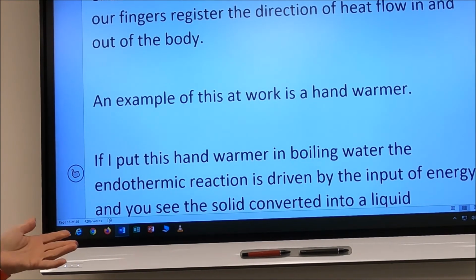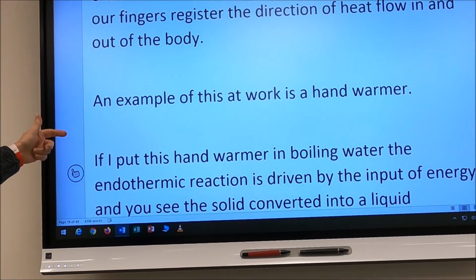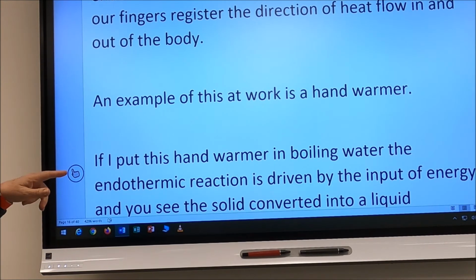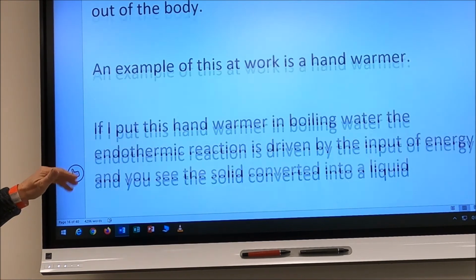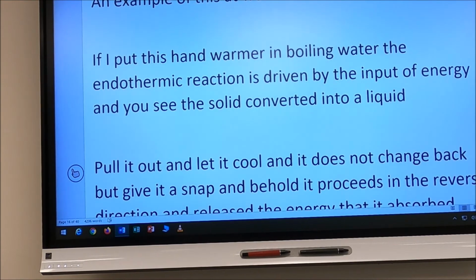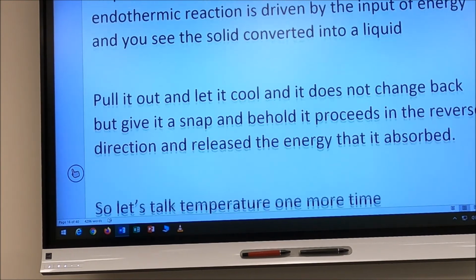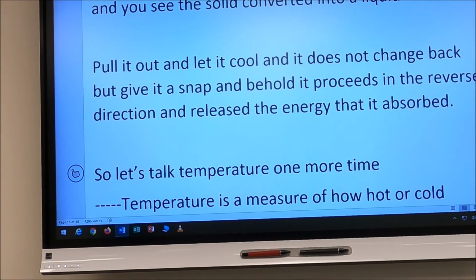So think about a hand warmer or a cold pack. Since we're not in class, I can't show you my reversible hand warmers, but some of these things can be reversed. Okay, you can read through that, and we'll worry about that later.